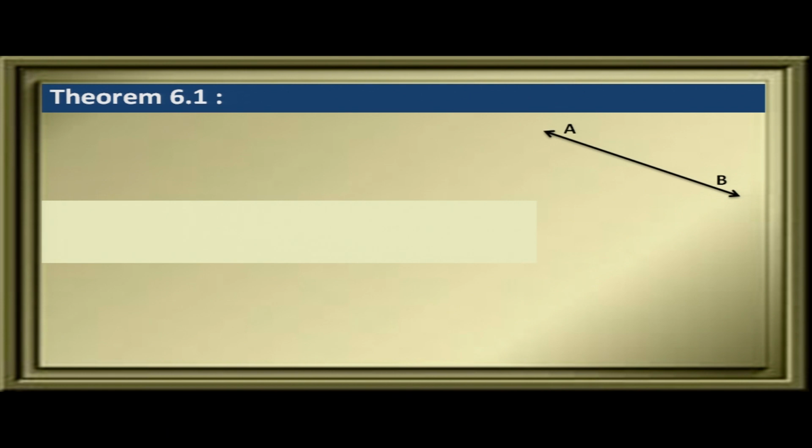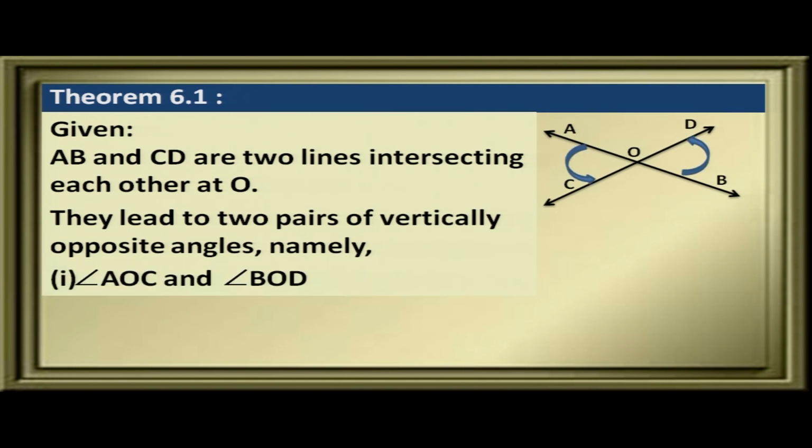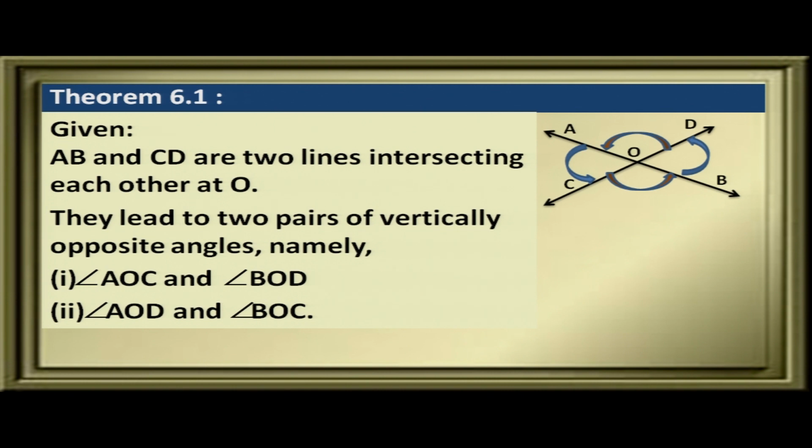AB is a straight line, CD is another straight line which intersect each other at O. So, they lead to two pairs of vertically opposite angles, namely angle AOC and angle BOD, and the second pair is angle AOD and angle BOC.